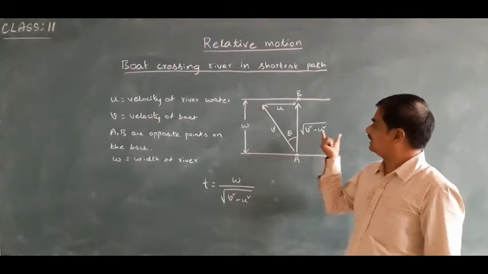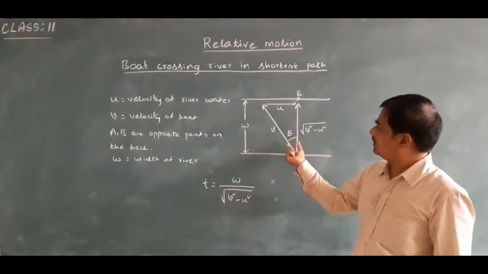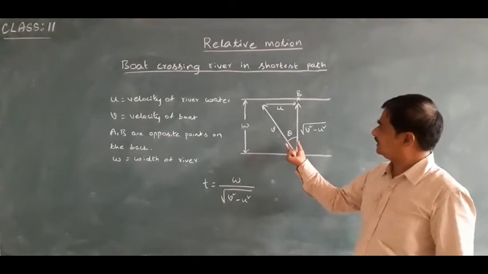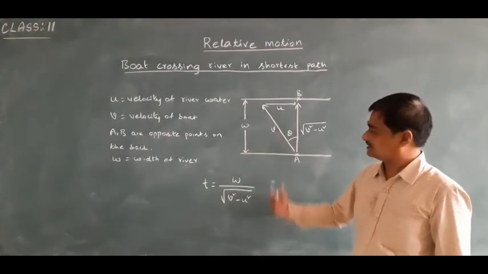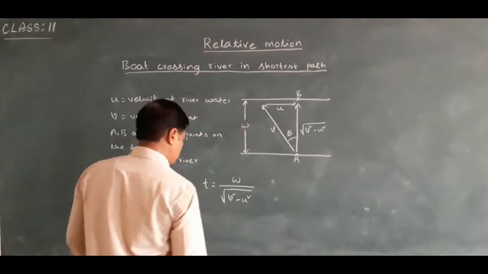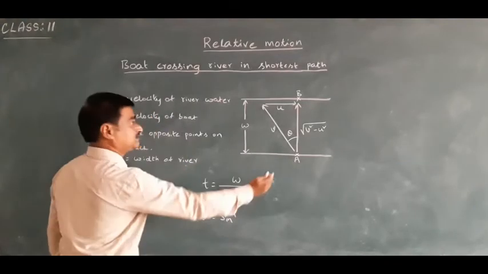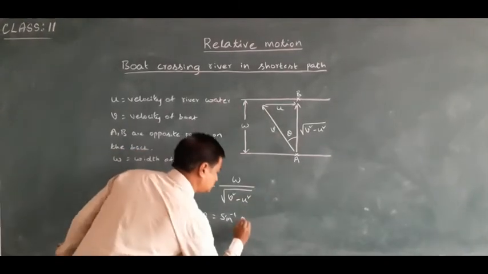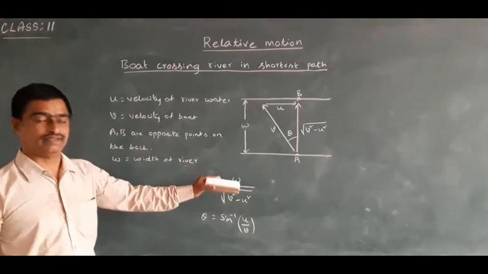From this triangle, sin theta is opposite side by hypotenuse, so theta is equal to sin inverse of u by v.